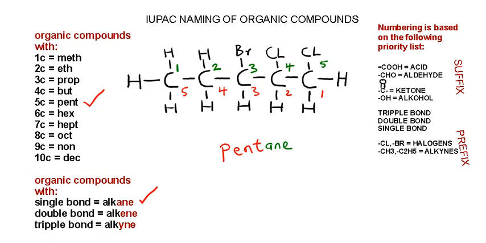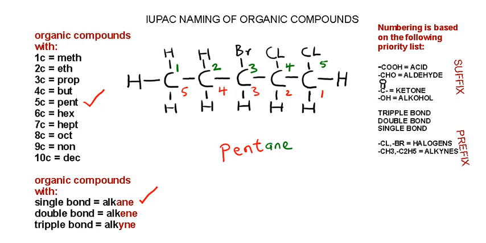Now, let's look at it in forward direction. In forward direction, you will see that bromine is attached to carbon number 3. Chlorine is attached to carbon number 4. And chlorine is also attached to carbon number 5. Then let's look at it in backward direction. You will find that bromine is attached to carbon number 3 and chlorine is attached to carbon number 2 and chlorine also is attached to carbon number 1.